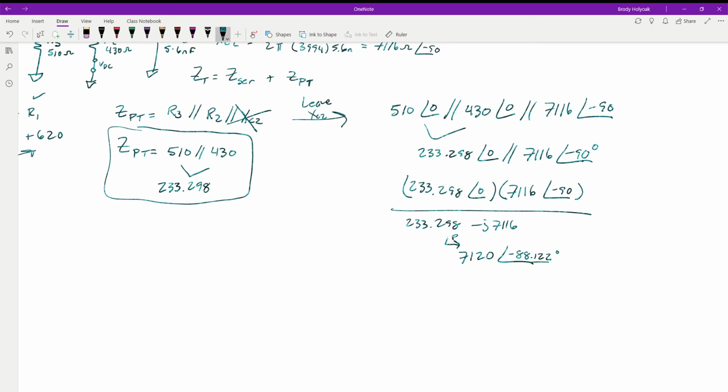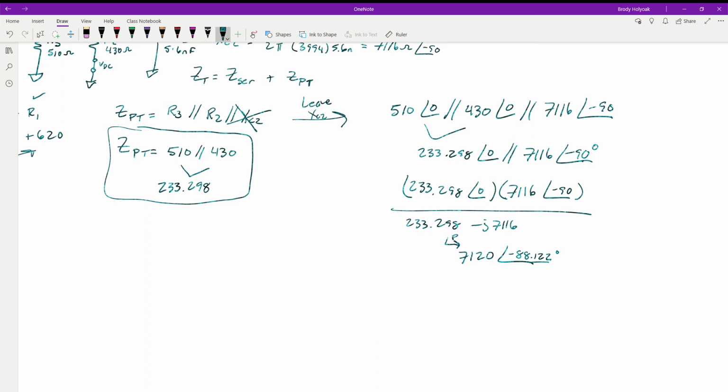Okay. So now we multiply the 233.298 times the 7116. We divide that by the 7120, and that's going to give us our total impedance for the circuit. And then for the angles, we take 0 plus a negative 90 minus a negative 88.122.